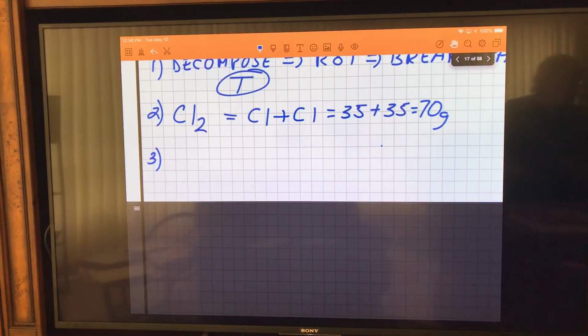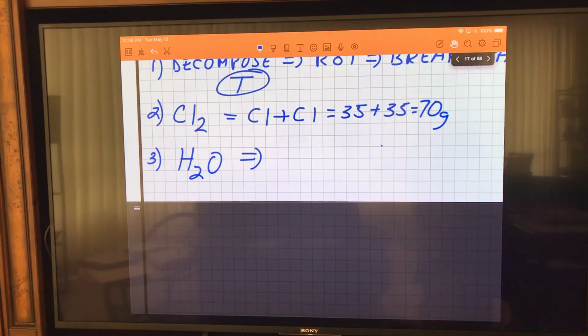All right, number 3. If we start with water and make it decompose, what do we get? So if we have H2O, and we're going to make it rot, we're going to make it fall apart, we're going to break it apart, well, it's made up of 2 things, hydrogen and oxygen. So we're going to get hydrogen and oxygen, but if you wrote H and O, you're halfway there.